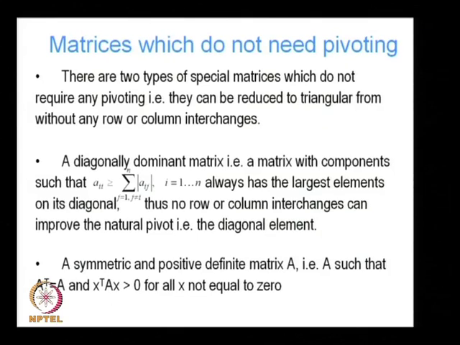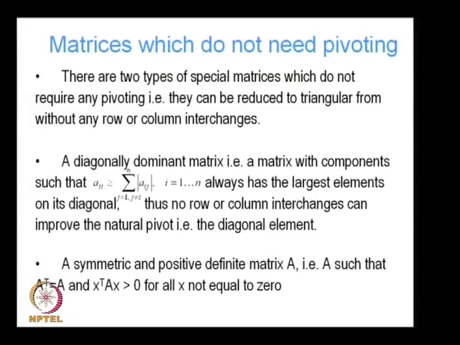There are two types of special matrices which do not require any pivoting, that is, they can be reduced to triangular form without any row or column interchanges. A diagonally dominant matrix, that is a matrix with diagonal elements aii such that each diagonal element is greater than the sum of the absolute magnitudes of the off diagonal elements, is known as a diagonally dominant matrix.